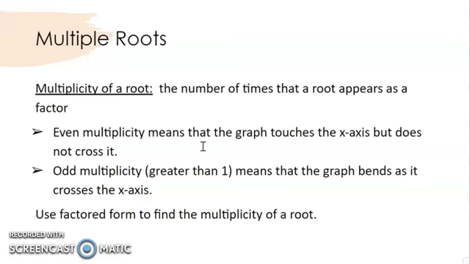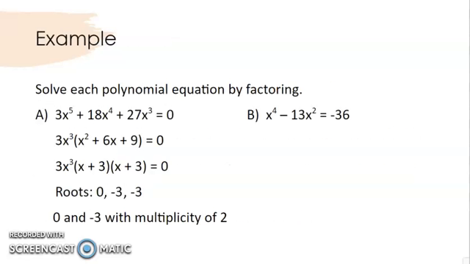And we can use our factored form to figure that out, like we did in our last example. So let's take a look at another example where we need to use factoring to find the roots or zeros of our equation. Okay, so in letter B, we're given x to the 4th minus 13x squared equals negative 36.